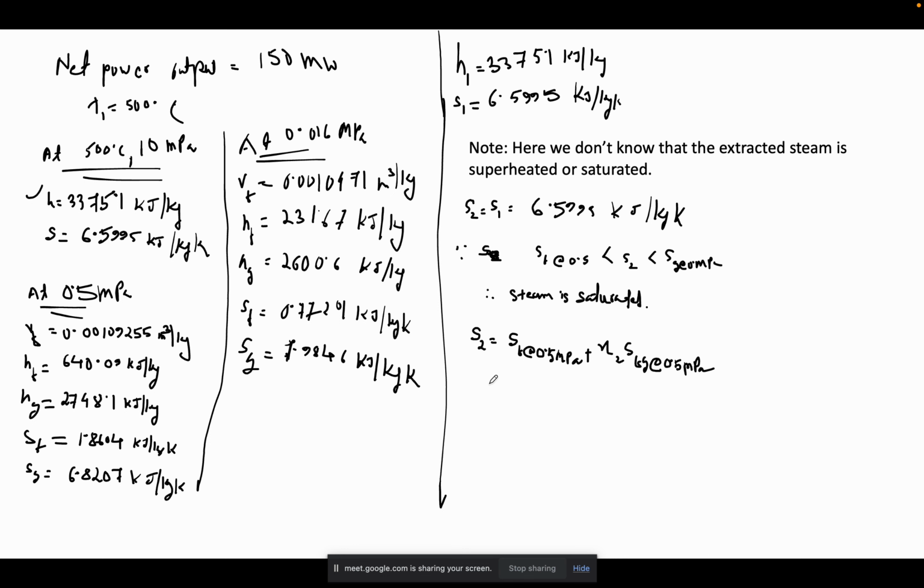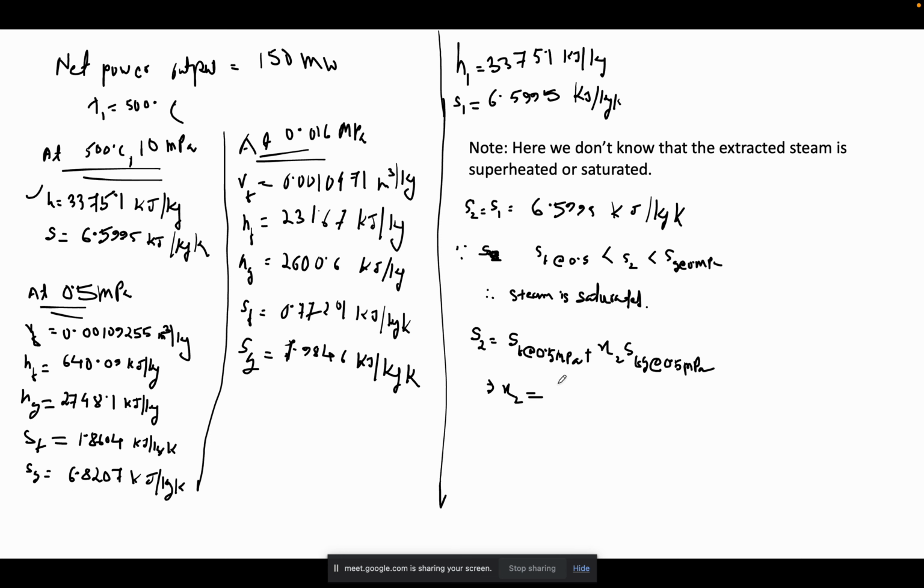Okay, so from here we can get X2. That will be nothing but S2, which is 6.5995, minus Sf, 1.8604, divided by 6.8207 minus 1.8604.